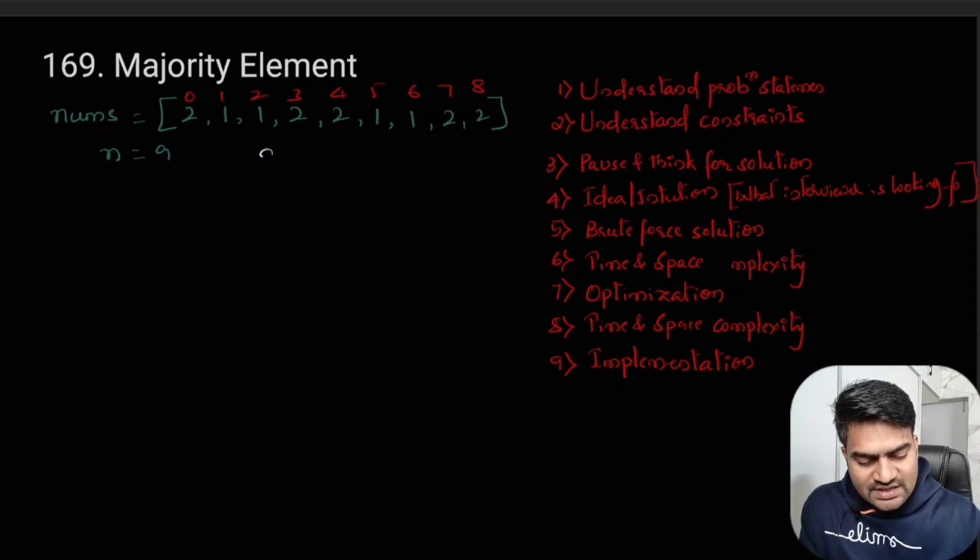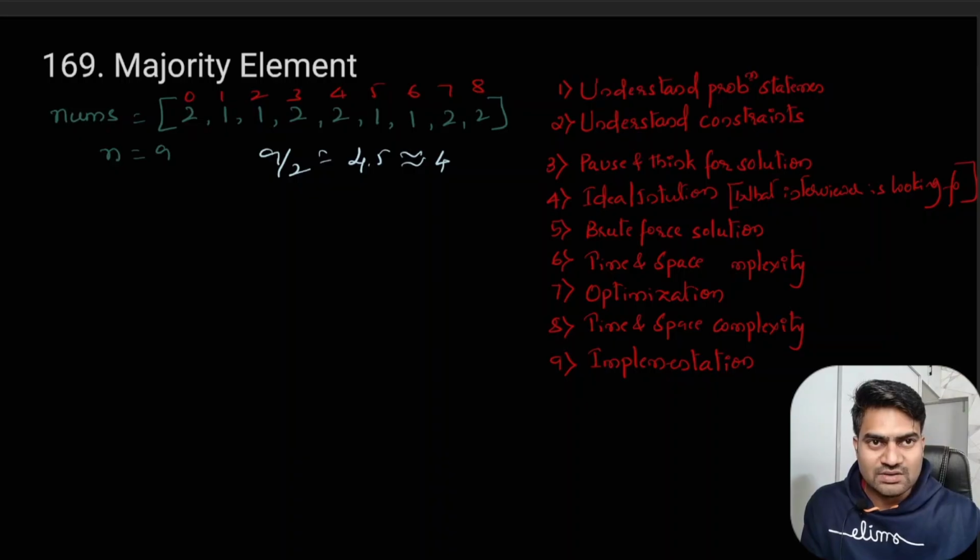N by 2 in the sense 9 by 2, which is 4.5. We will assume it as 4, the rounded number. So there is always one number which appears more than 4 times, not 4 times, more than 4 times. So it can appear 5, 6, 7, 8, or 9 times. That is what this problem states.